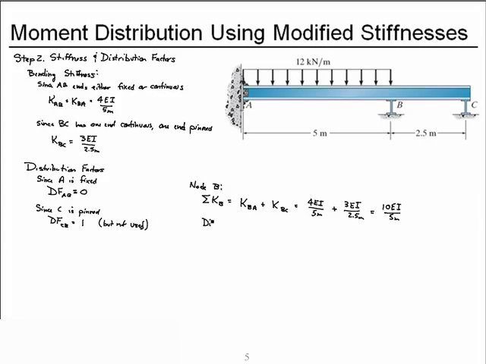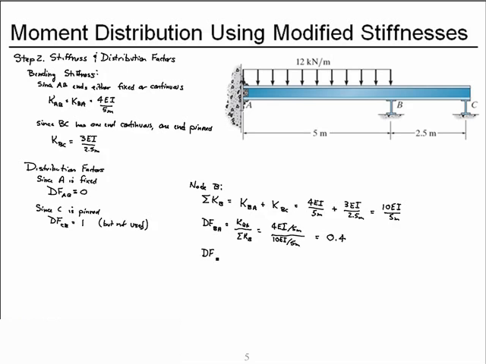Now the distribution factor for BA would be KBA over the sum of all the stiffnesses at that node. So it's 4 EI over 5 meters divided by 10 EI over 5 meters. The 5 meters cancels, the EI's cancel, and we have 0.4 as the portion of unbalanced moment that will come back into member BA.